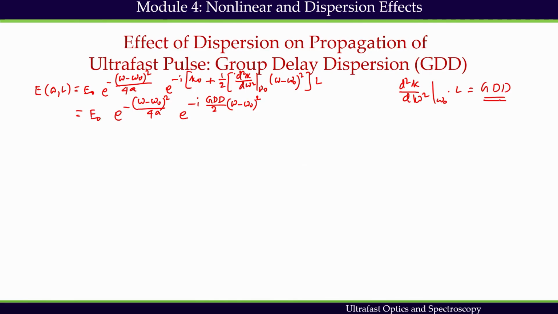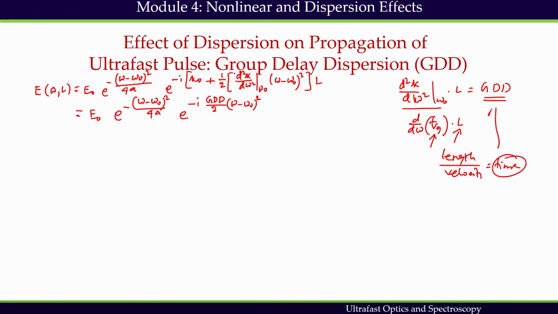What does it mean? It means that this second derivative is nothing but d d omega of 1 by Vg multiplied by L. So Vg is a certain kind of velocity and L is length. So length divided by velocity is nothing but time.